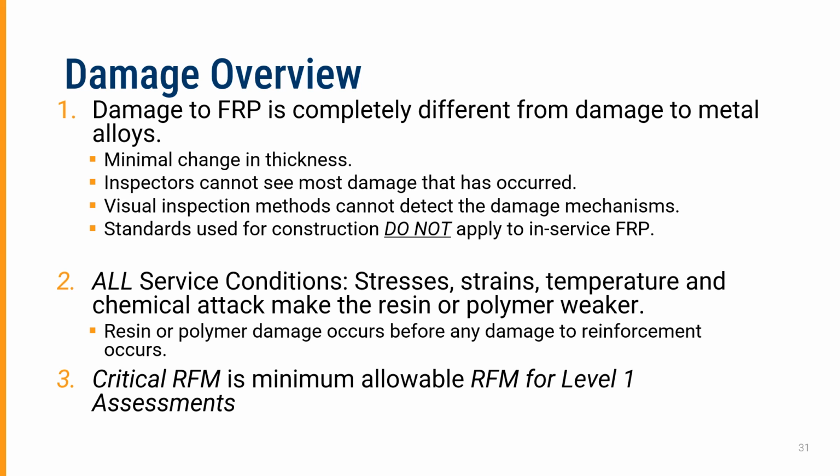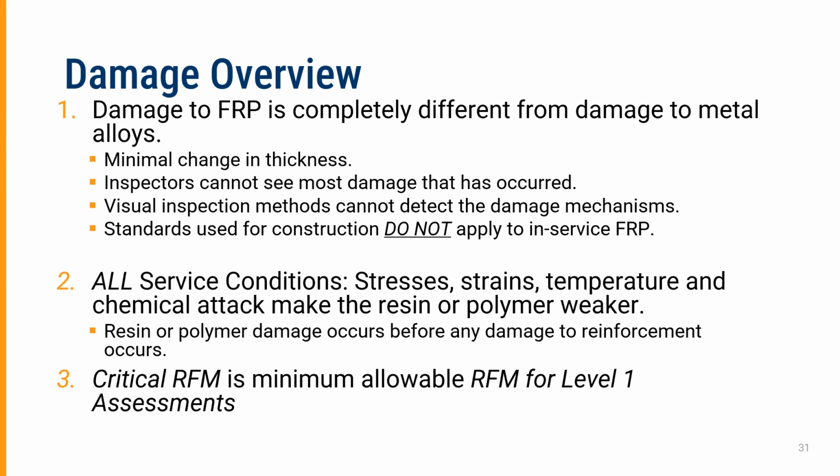And the standards used for construction do not apply to in-service FRP. That's extremely important. The visible defects or the visible features that we identified earlier in this presentation are things that would be rejected by a construction code. They don't apply to in-service FRP. There's no relationship that's ever been demonstrated.